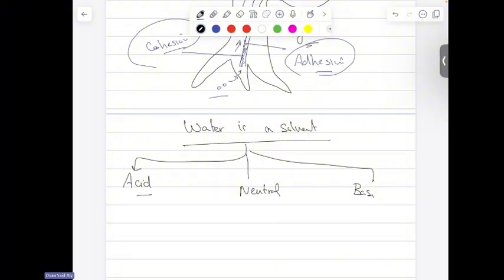Regarding the acids, they have more hydrogen ions than hydroxide ions. Neutral, the concentration of the hydrogen ions is equal to the concentration of the hydroxide ions.